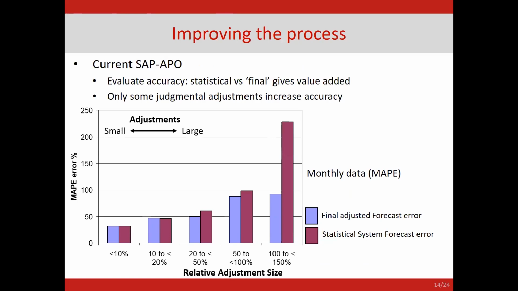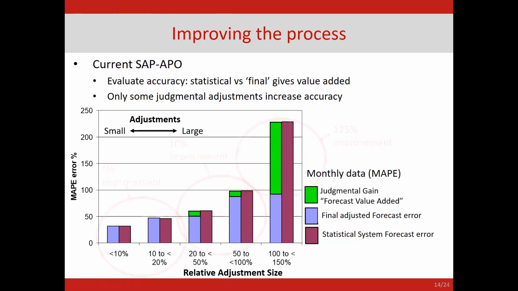For instance, what we did here is, once we had a setup of statistical forecast that we could rely on, we then superimposed the expertise of humans that had this market understanding. So you have here two bars. You have the final adjusted forecast with the light blue bar, and then you have the statistical forecast. And you can see here that this green area is essentially how much value you had added by doing these adjustments.